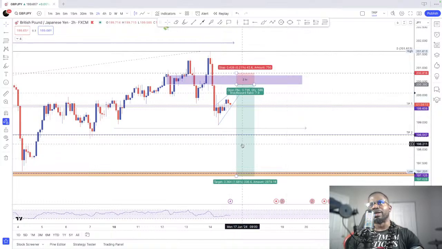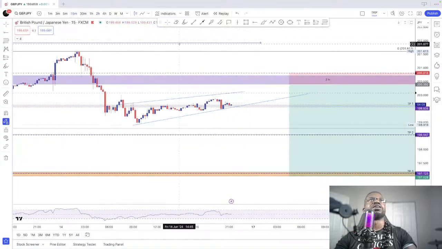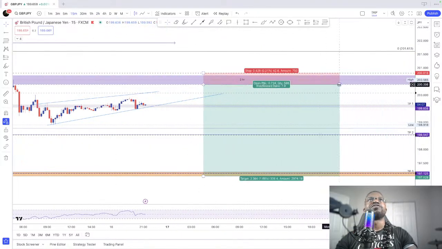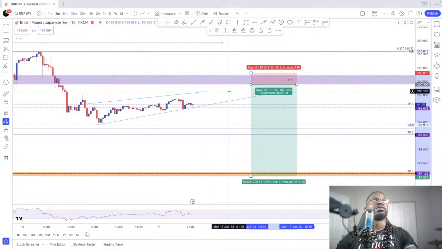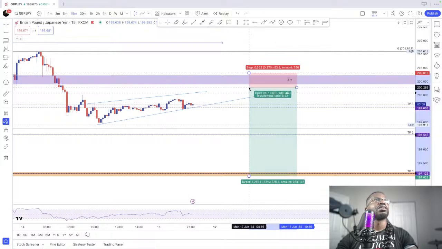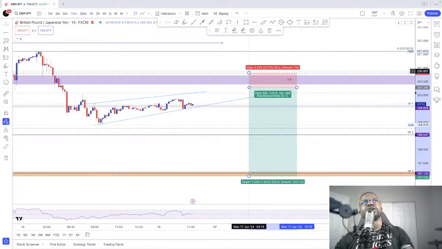So in a case like this, there's really no need to fight for more, because that's when you start getting your head chopped off. All right, so if we entered right here, that actually takes away from our risk reward.